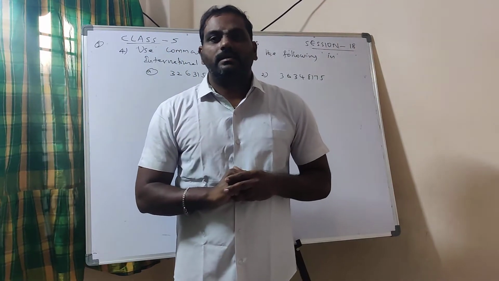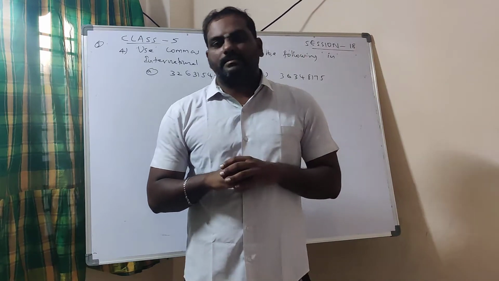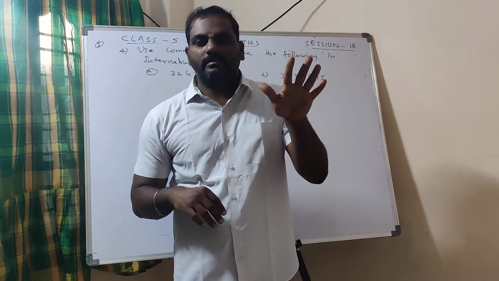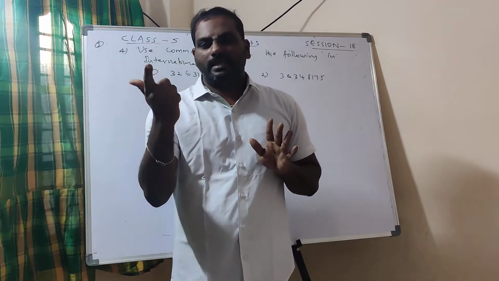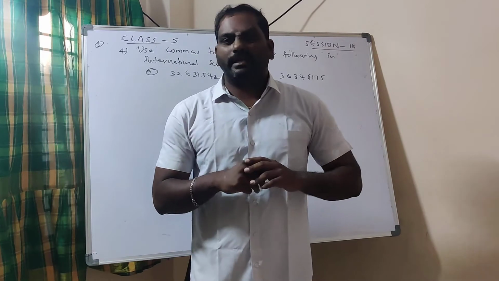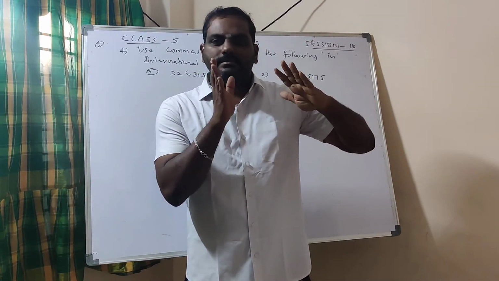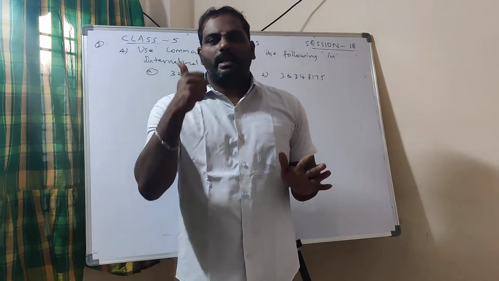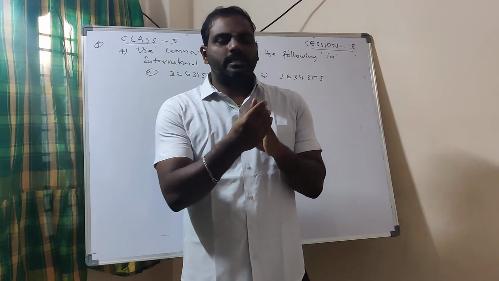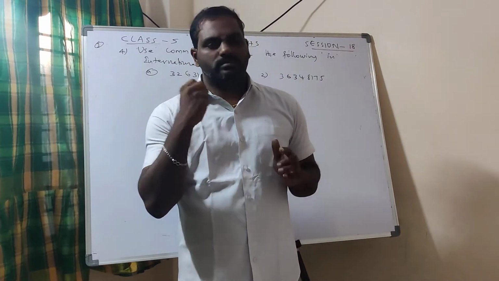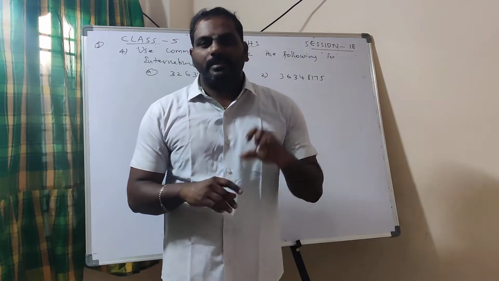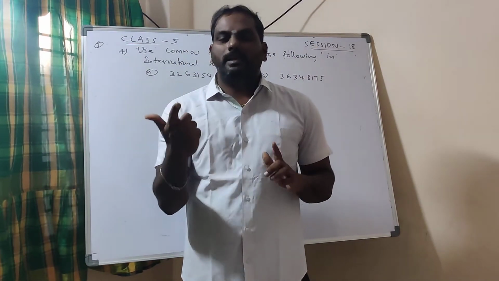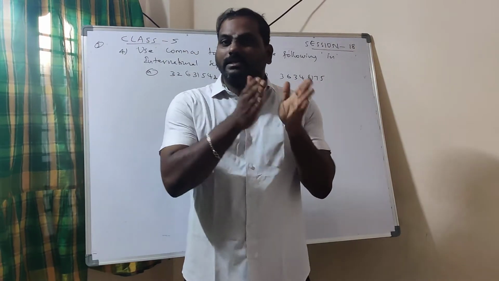That means in the Indian system, the grouping is 3, 2, 2, 2. In the international system: units, tens, hundreds, 1000, 10,000, 100,000, million, 10 million, 100 millions. That means 3, 3, 3.